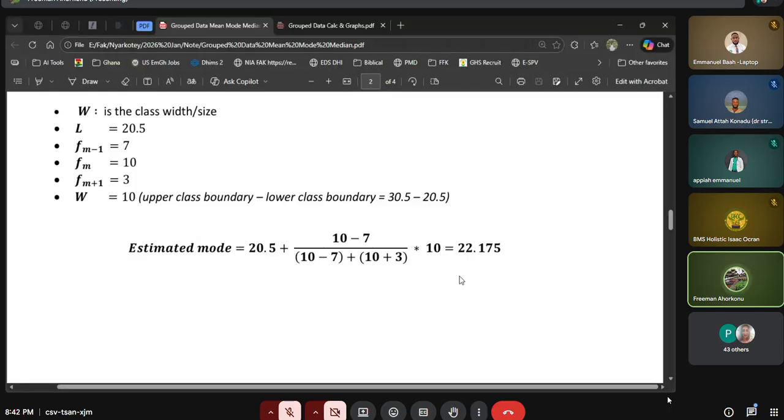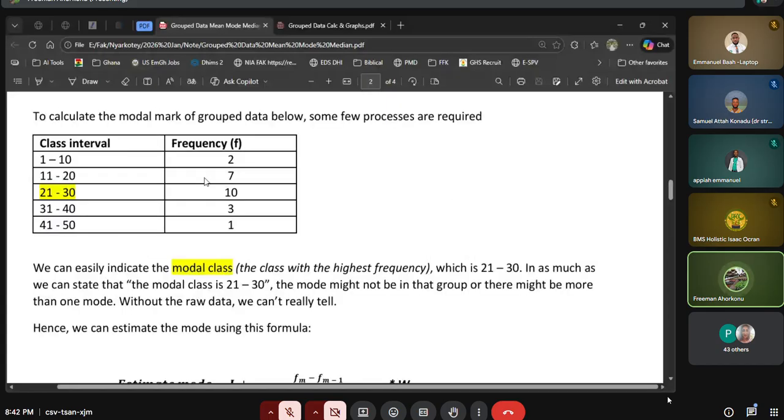Another way of looking at it: all that we are doing, we are only playing around 7, 10, and 3. So if you know the modal class to be the class with the highest frequency, then know that you are going to use 7, 10, and 3, and know where to put them.